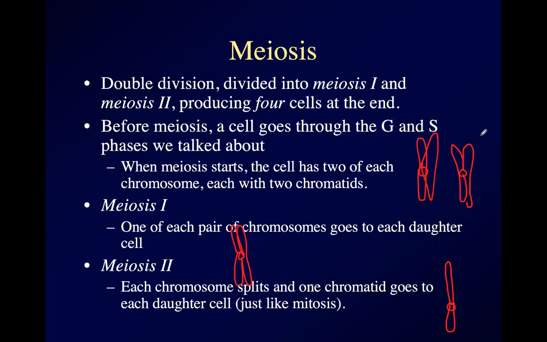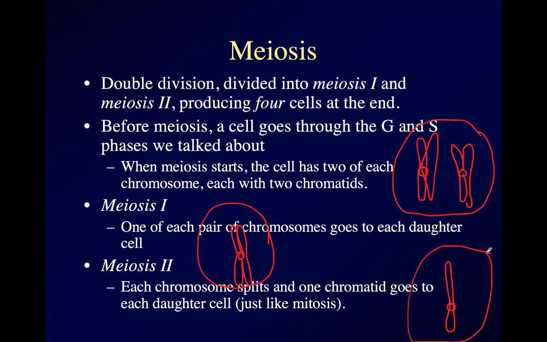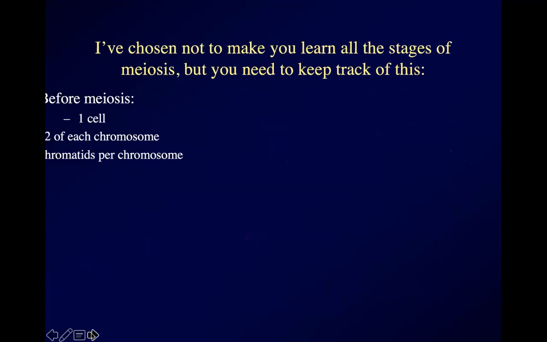So we go from 1 cell that's got 2 of each chromosome, each of which has 2 chromatids, to 2 cells with 1 of each chromosome, and each chromosome has 2 chromatids, to 4 cells with 1 of each chromosome, and each chromosome has 1 chromatid. So there you have it.